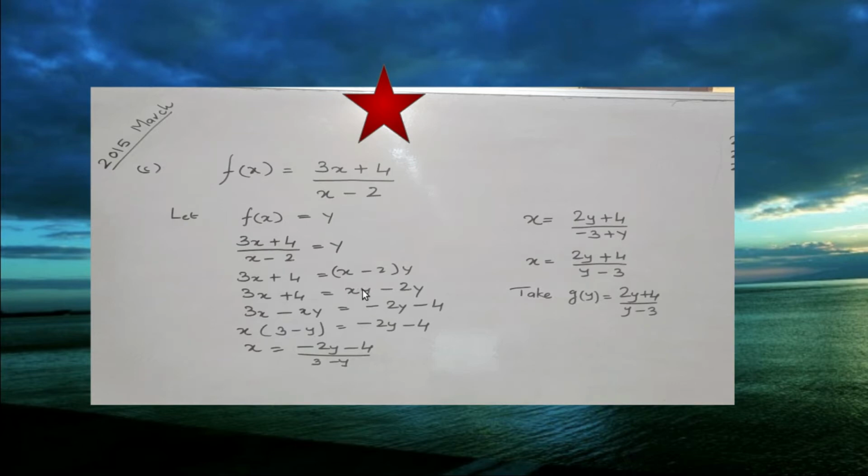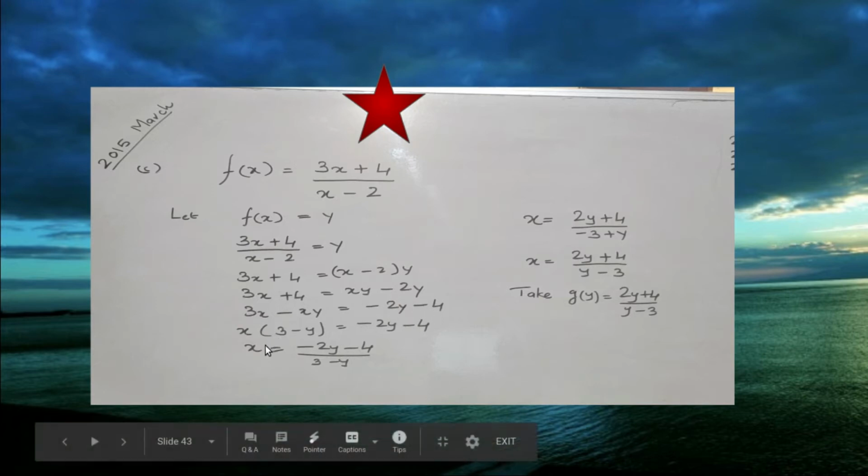Now take the terms with x to LHS. So we get 3x minus xy equal to minus 2y minus 4. Now take x outside. x into 3 minus y equal to minus 2y minus 4.